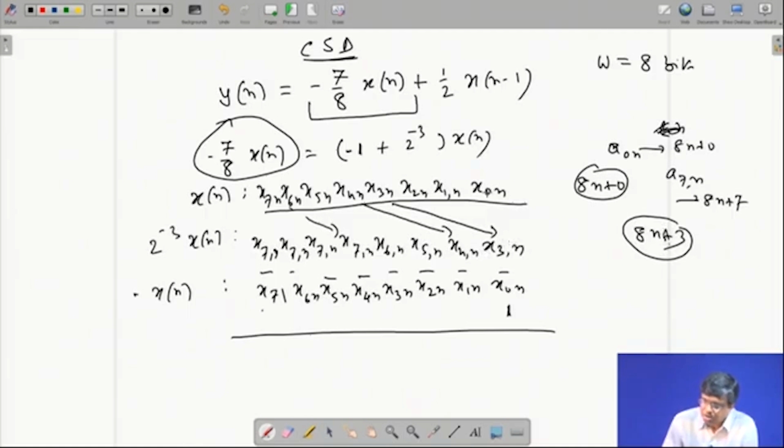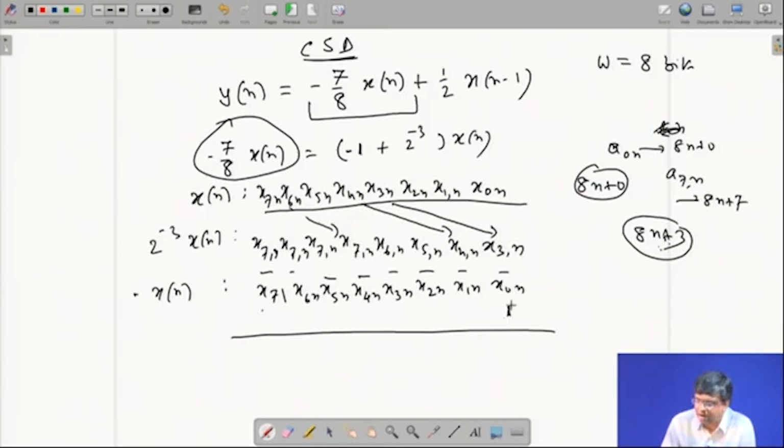So at 8n plus 3, now I got this, and then x0n, which came 3 cycles ago at 8n plus 0, I have to use now, which means I have to store x0n in some flip-flops. How many? 3, because first cycle, second cycle, third cycle. For 3 cycles I have to hold, and then complement. So at 8n plus 3, when x3n comes, I have this available.